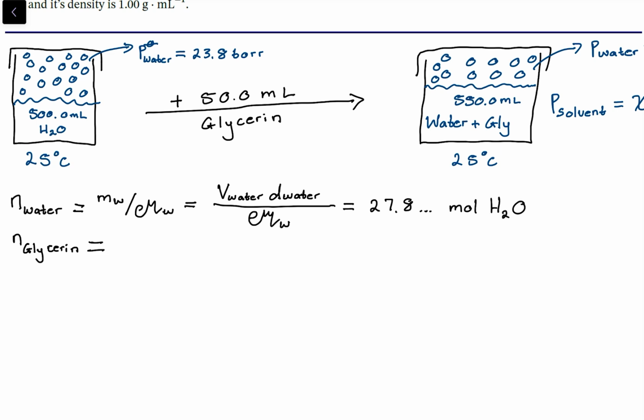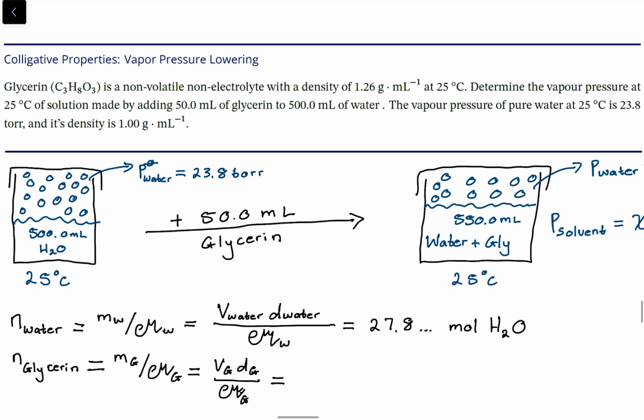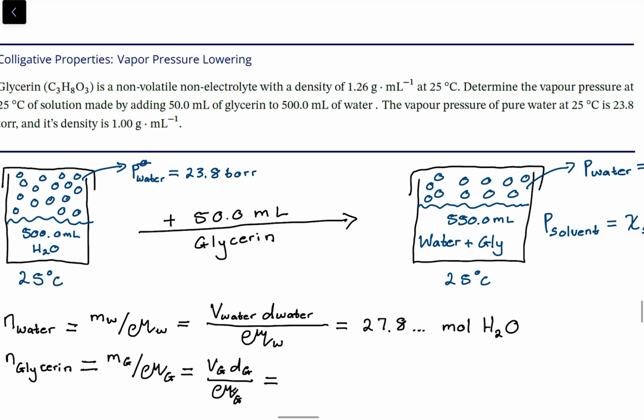Same with glycerin: the mass of glycerin divided by the molar mass of glycerin. We're again given the volume and the density of glycerin. Volume of glycerin is 50, density is 1.26.